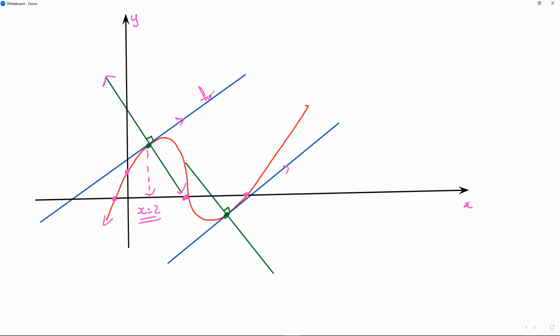And I'll ask you to find this tangent given the equation, question 1. And I'd ask you to find this normal in question 2, in a separate question. So given the equation is, let's say, y equals 3x cubed plus 6x squared plus 4x minus 4.